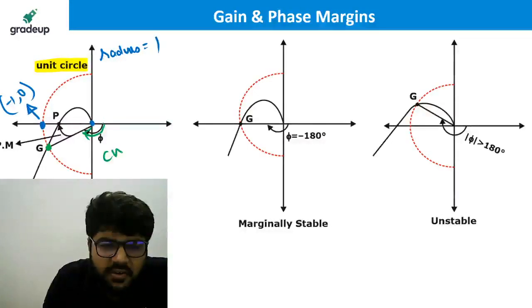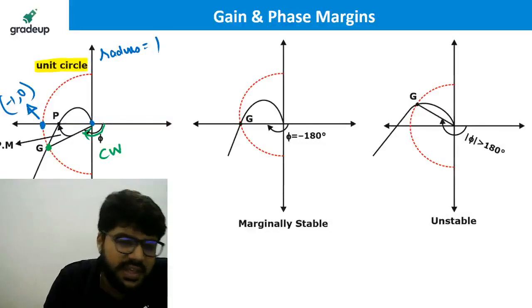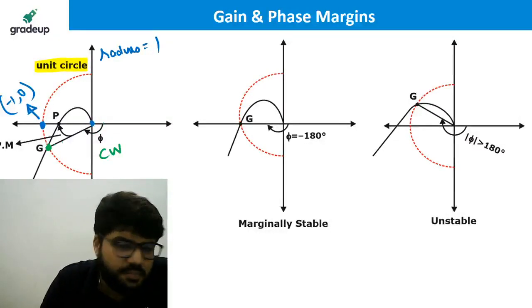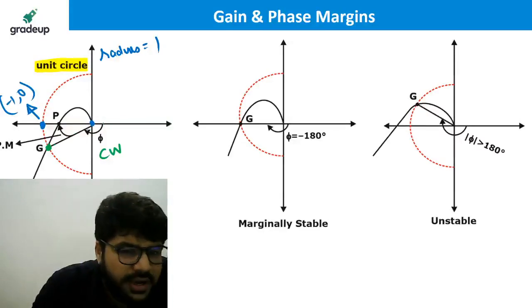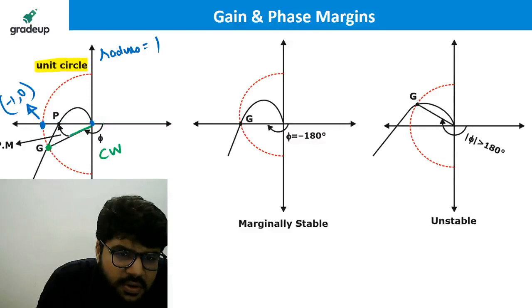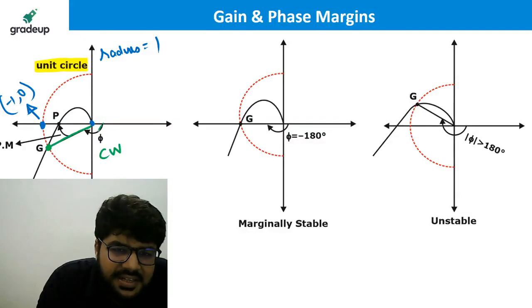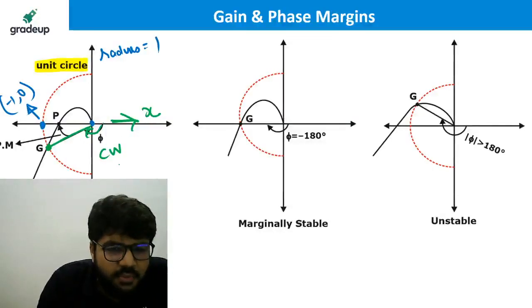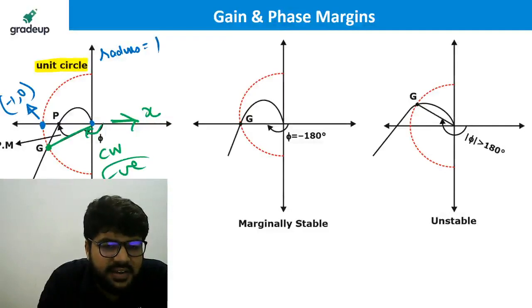I have measured it in the clockwise direction. Calculate the phase of G(s)H(s) at the point G. Now, how do you calculate the phase of point G? Complex number, I told you the basics. You will join the point with respect to the origin and then take the angle subtended with the positive x-axis. This is the positive x-axis. Only thing is I'm going clockwise, so whatever may be the result, I will put the minus sign.